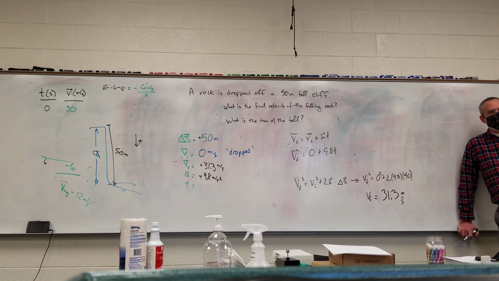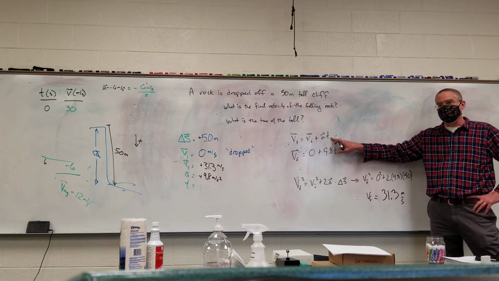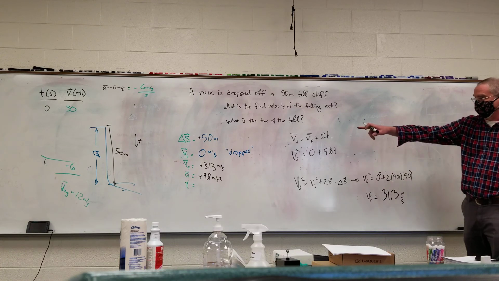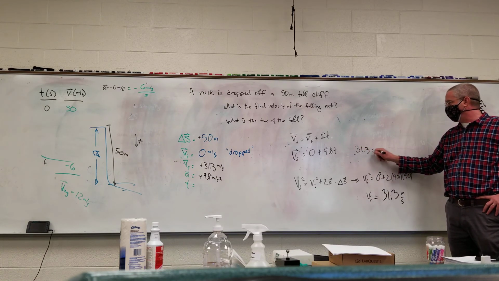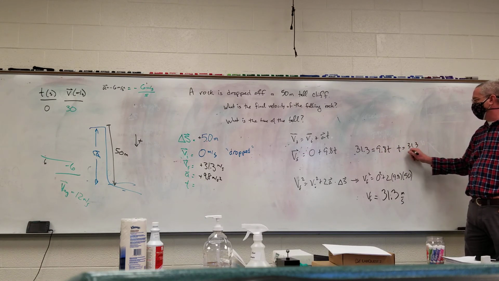Could you use the first one? This one here? Is that what you're... Yes. Now that we know final velocity, this becomes 31.3 equals 9.8 t. T equals 31.3 over 9.8.